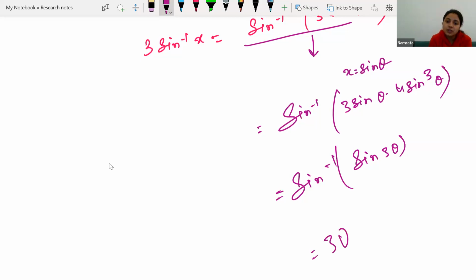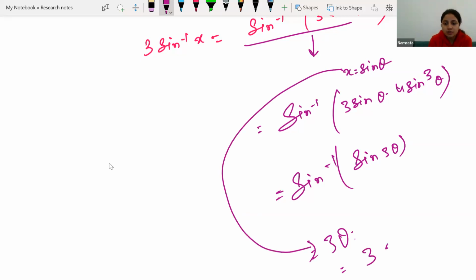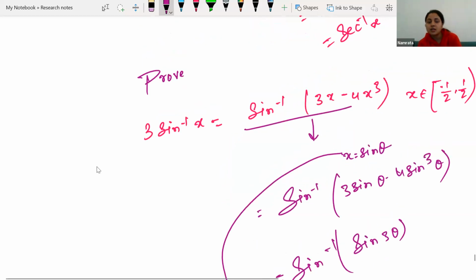So 3 theta only we will be getting, and now we replace theta with sine inverse x. And this is how we are done with the left hand side part.